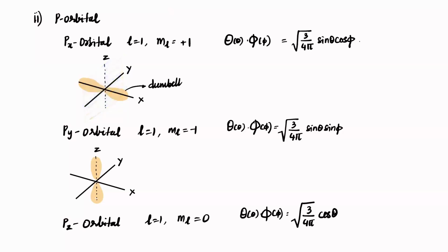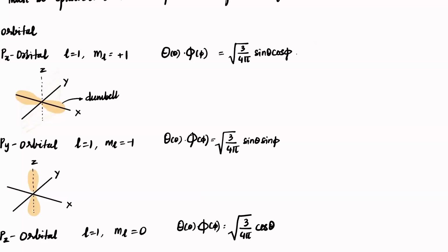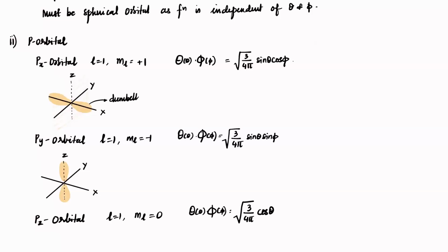Now I can clearly say the yz plane, my mistake. On the yz plane, this side there is a lobe, this side there is a lobe, and the yz plane is dividing it like a bisector. So this yz plane is a plane on which px electrons are not found. So that is the nodal plane.